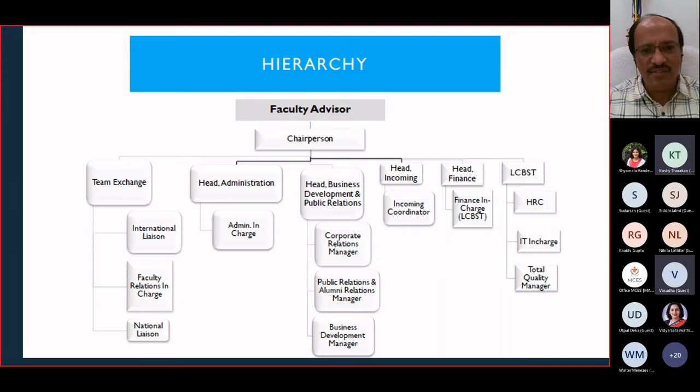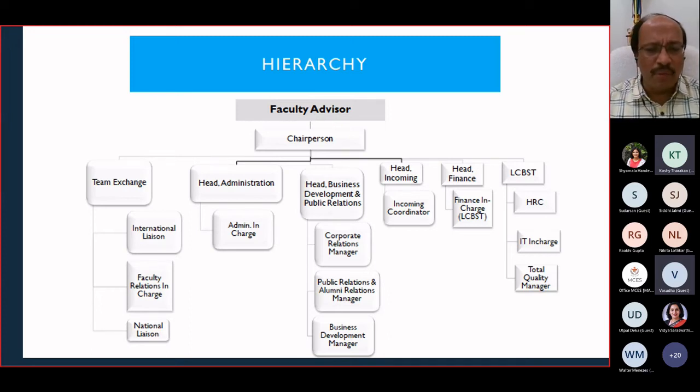So there is a team exchange, a team administration, a head of business development and public relations, head incoming, head finance, and also several other portfolios which you can see here. Students associate with this organization with these titles, and that is why they feel very proud to work for this organization.